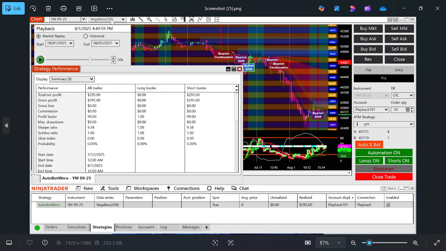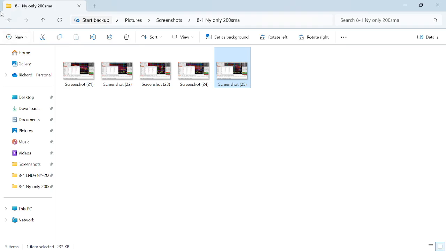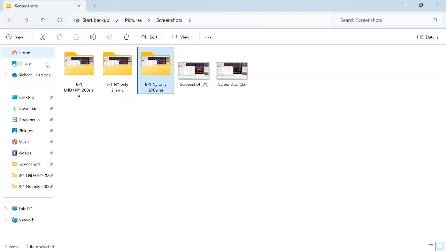And on the 200, we did get one trade that hit trend stop loss, and we made $295. Again, for trading one mini, that's just not good enough for me. So, all right. So that was New York on the 200 SMA.